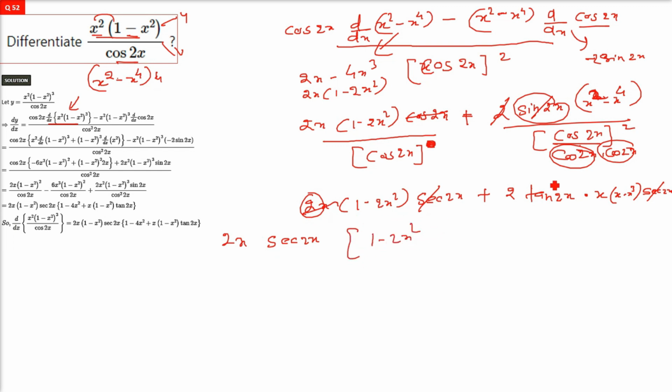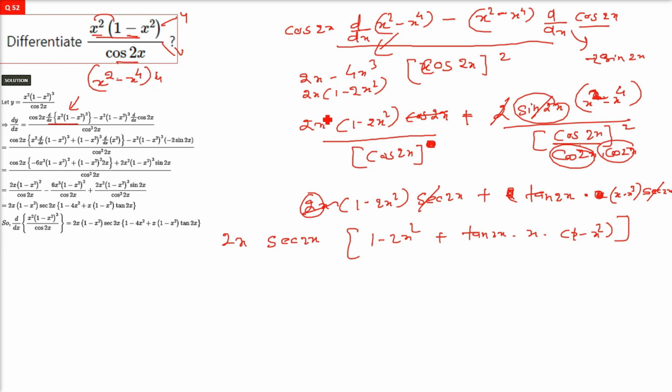This is the first term. Since we have taken 2 from here, x from here, tan 2x will remain, x minus x cube. So you can write it as x into 1 minus x square. That also you can write. This is your final answer. Okay.